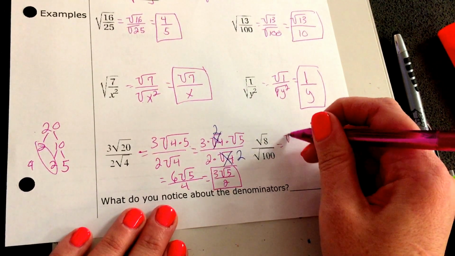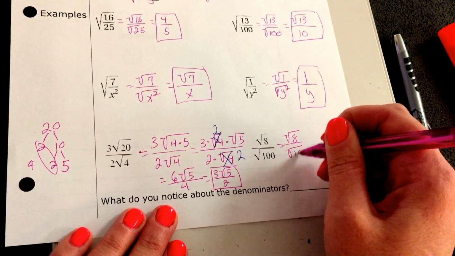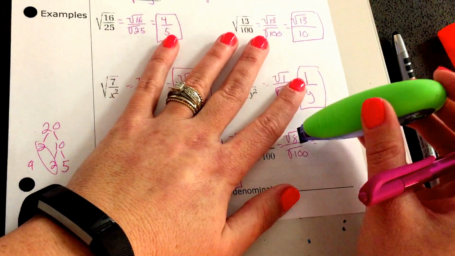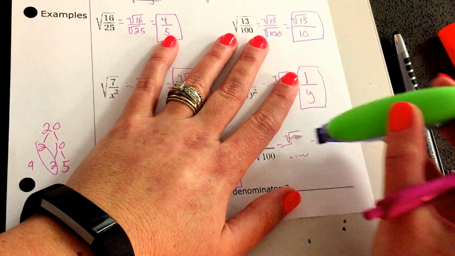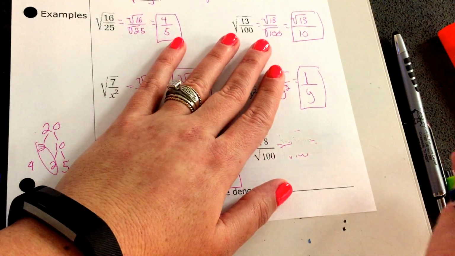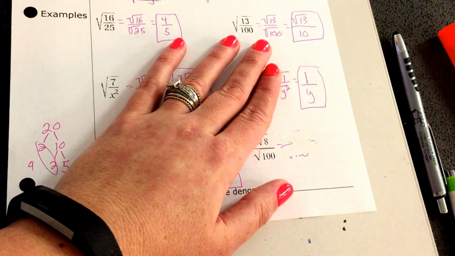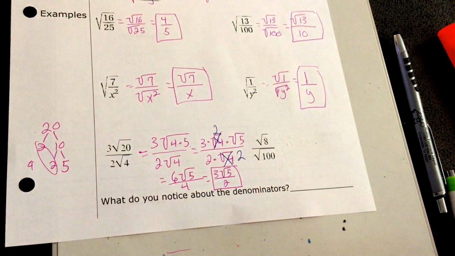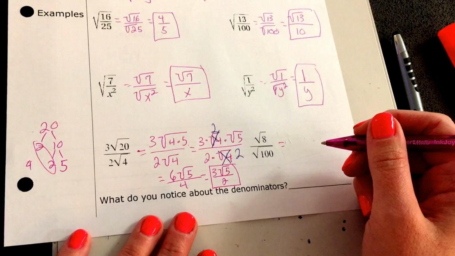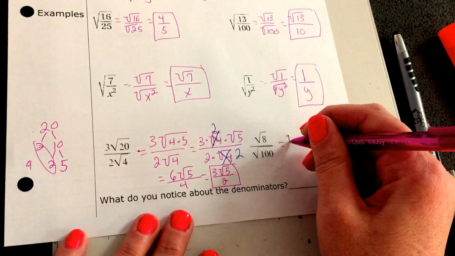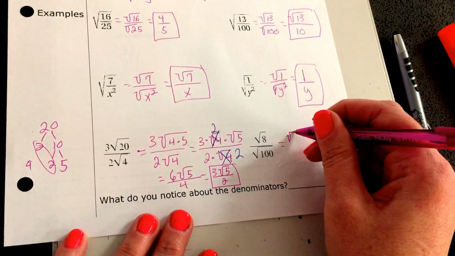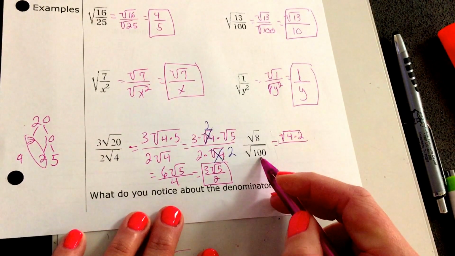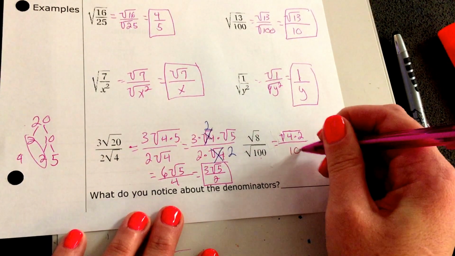All right. Separated, it's already separated out. Can I do anything? I guess I don't need that if it's separated. So let's write that out so we save a step. Okay. So if we use our perfect squares, what does it give me? 4 times 2. And what's square root of 100? 10.